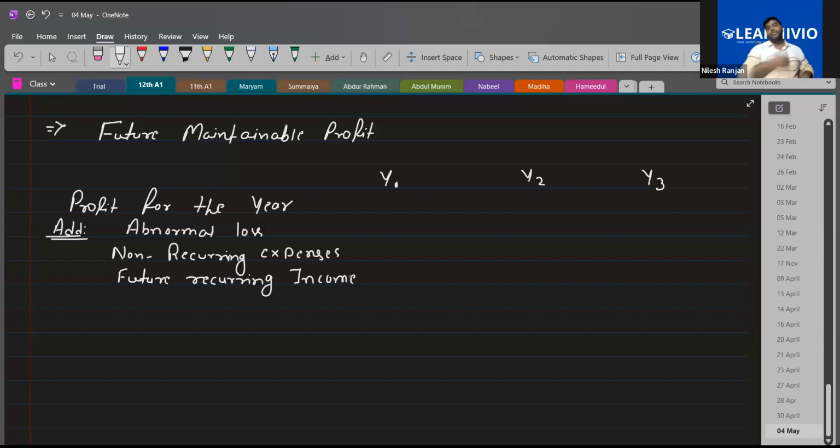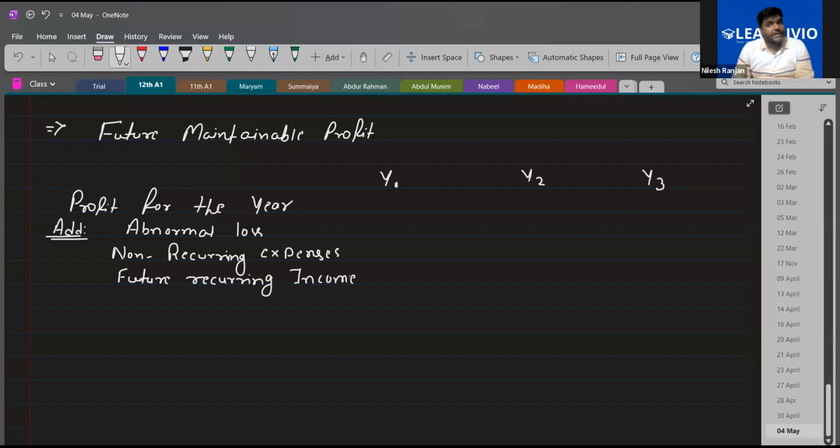Now, why are we doing this? Because in the actual profit, abnormal loss is already deducted. So we are removing the effect of this abnormal loss on the profit. If you have deducted it first, then you have to add it back. So abnormal loss and non-recurring expenses, we are doing this.